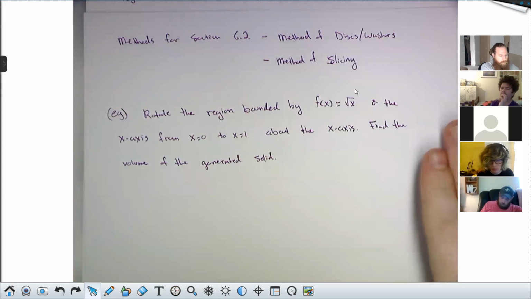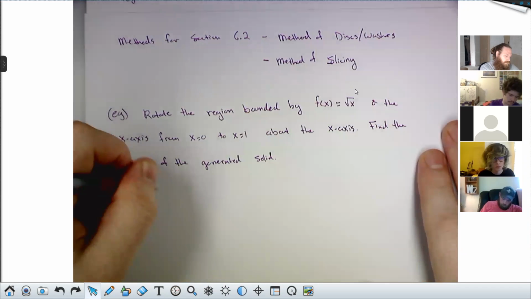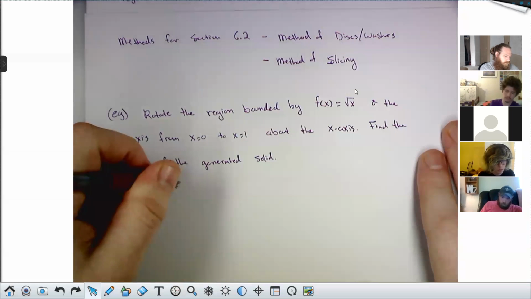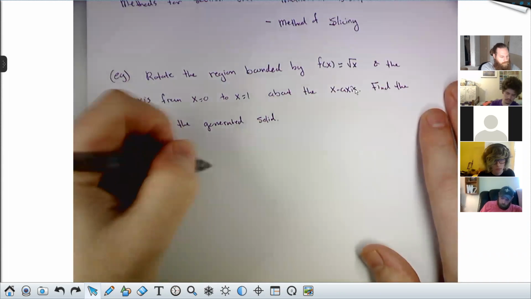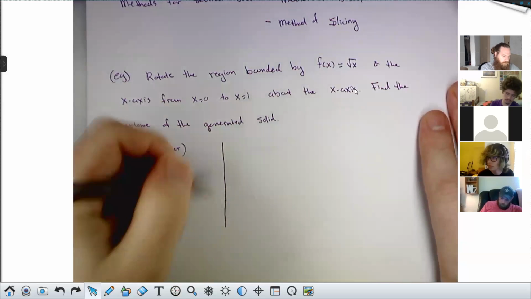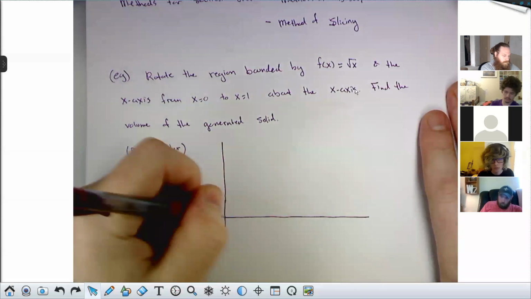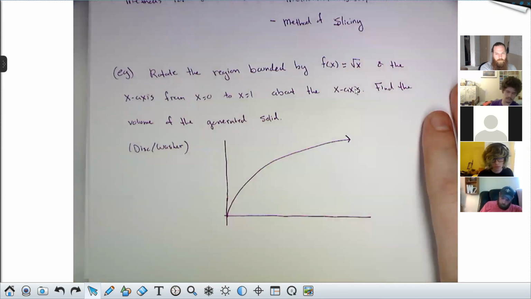So this is going to be something where we'll use the disk washer method. For all of these, we need to graph the function in question and sketch that region. Here's what the square root function looks like.